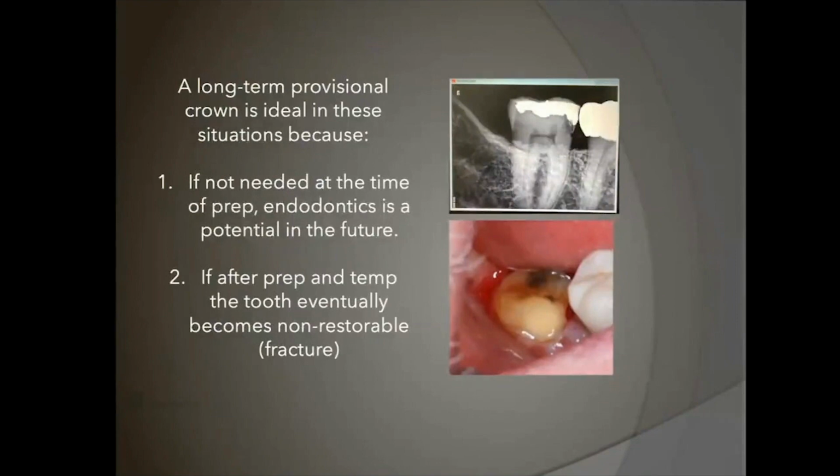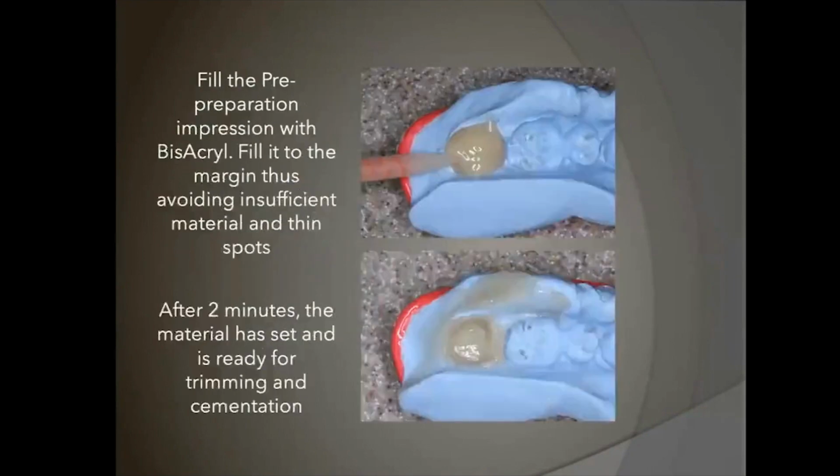And after prepping and temping, if the tooth eventually becomes non-restorable, you haven't invested a lot of money into it, and the patient hasn't either, and it makes things a little more comfortable for the patient financially. So you can have these long-term provisional crowns on teeth without too much worry.